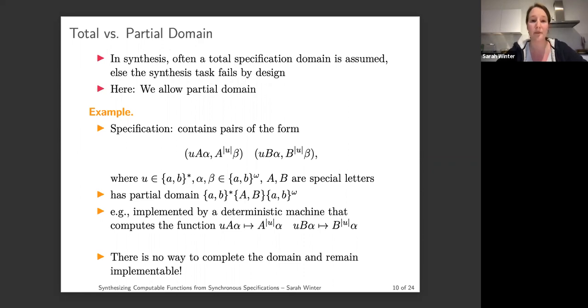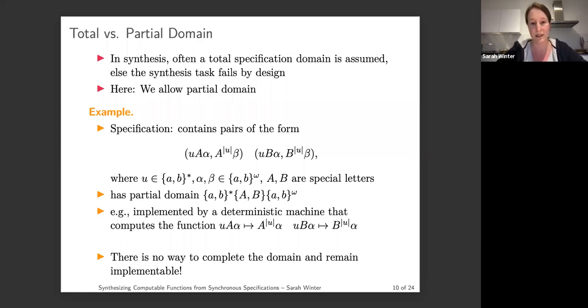Obviously, total domain is a special case of partial domain, but if we take a specification with partial domain and complete it somehow so that we obtain a specification that has total domain, then it does not preserve the property that the specification remains implementable.